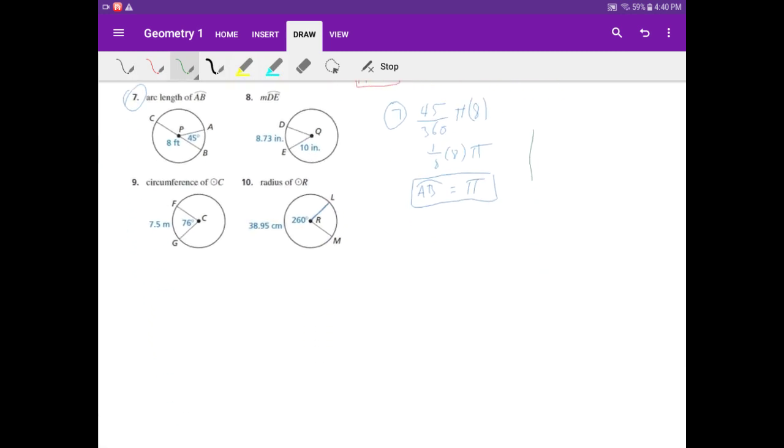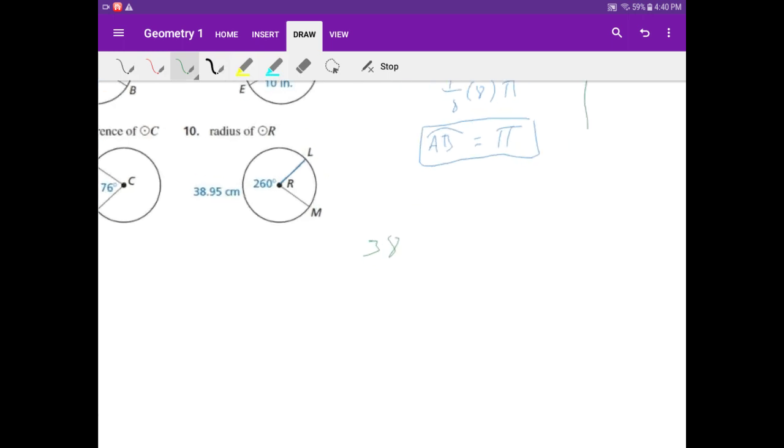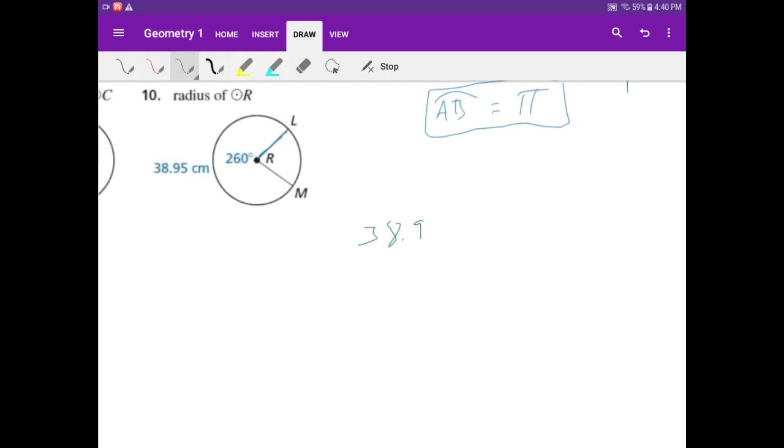The arc length is 38.95, and it's equal to 260 over 360 times pi times d. So we're solving for d. 260 over 360 reduces to 13 over 18.